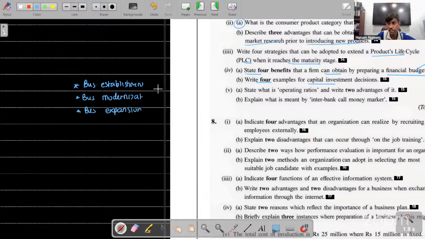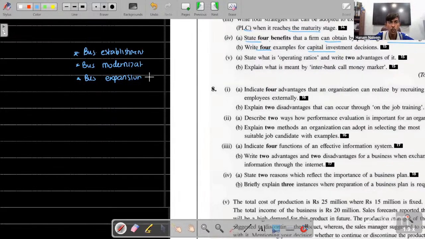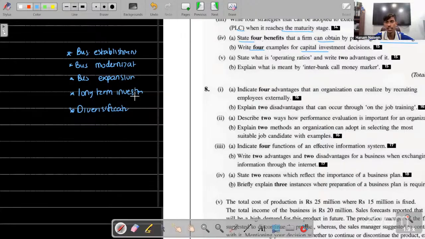Modernization means you're adding some features, and expansion means you're opening a new branch. Or you can take long-term investments. Diversification is also a good one. So these are some examples of capital investment decisions, long-term decisions.